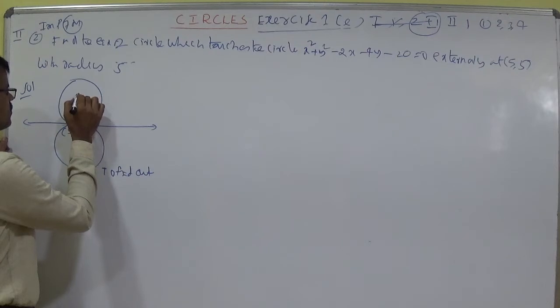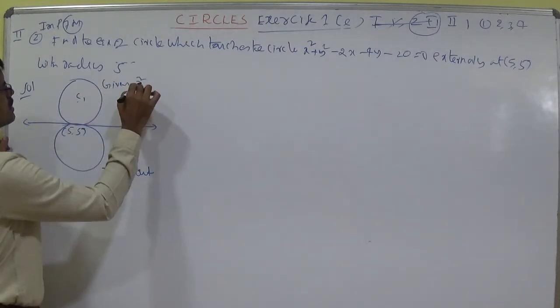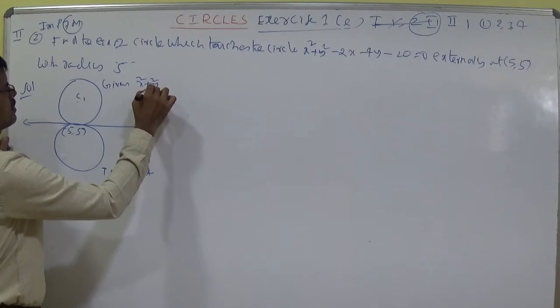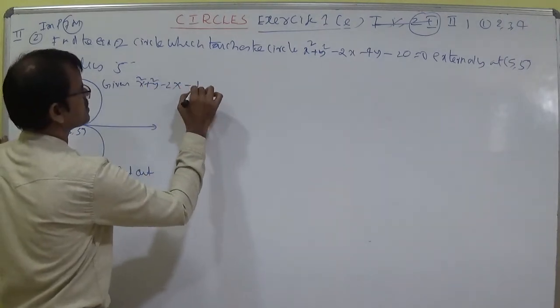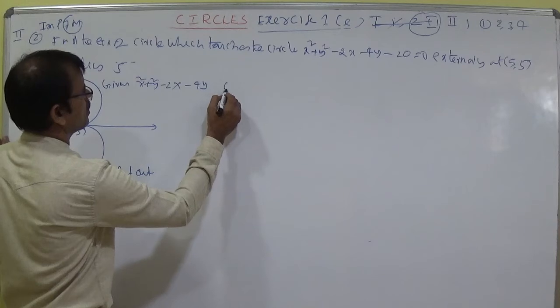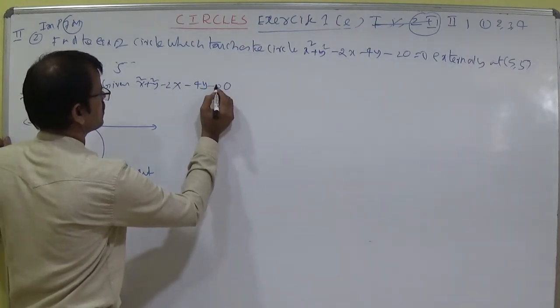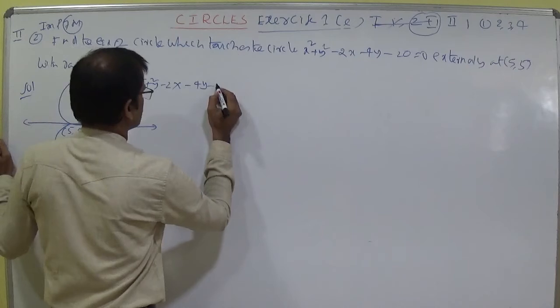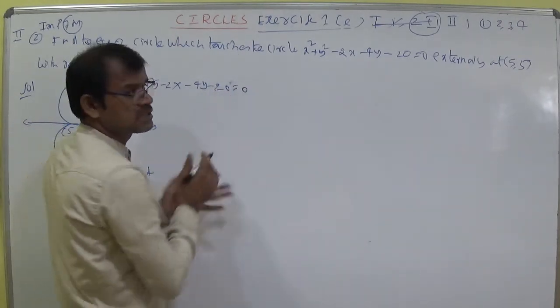This is C1, which is given: x square plus y square minus 2x minus 4y minus 20 equal to 0.